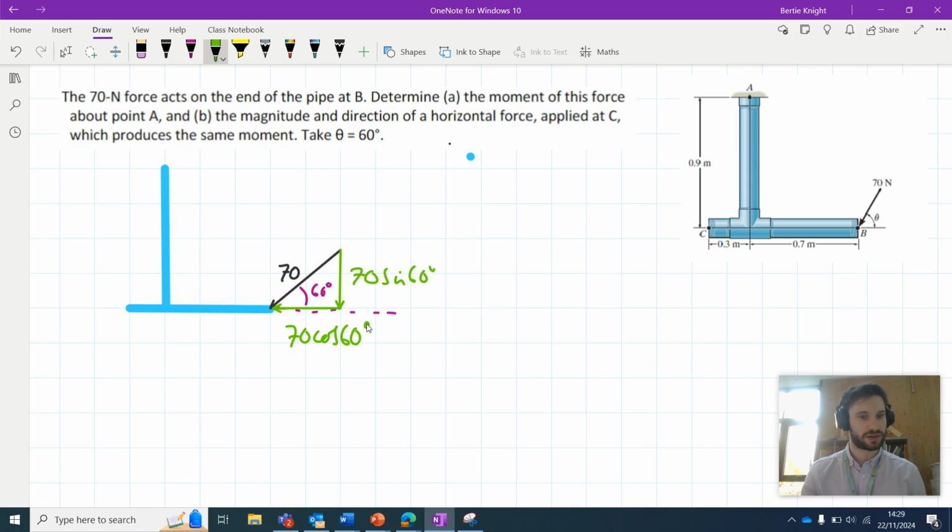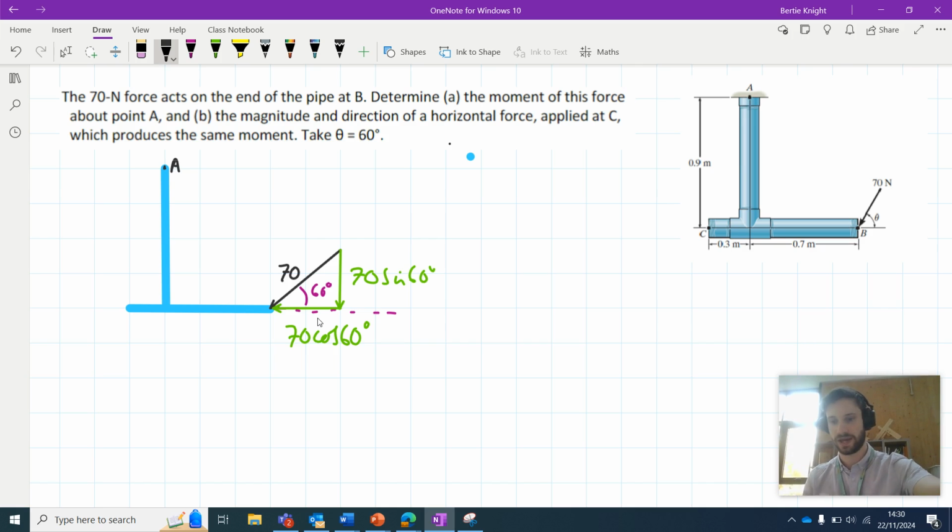We can then use this as a framework to understand the moments acting about A, where A is this point here. First of all, looking at the vertical and horizontal components, if we're taking moments about A, imagine we're placing our finger on point A and that vertical component is acting.